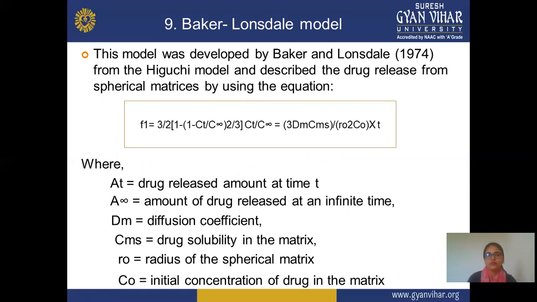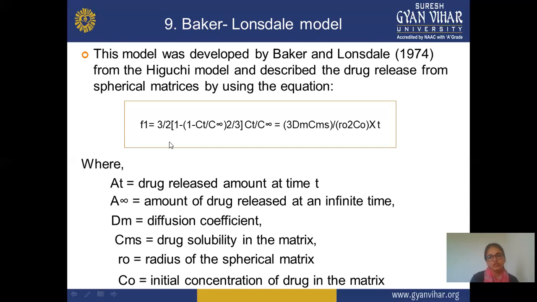Means this model is based on the drug release process from a spherical matrix or a spherical tablet, discovered in 1974. It is derived from the Higuchi model, or has similarity with the Higuchi model, and the drug release majorly takes place from a spherical matrix. And this is the equation for this model.